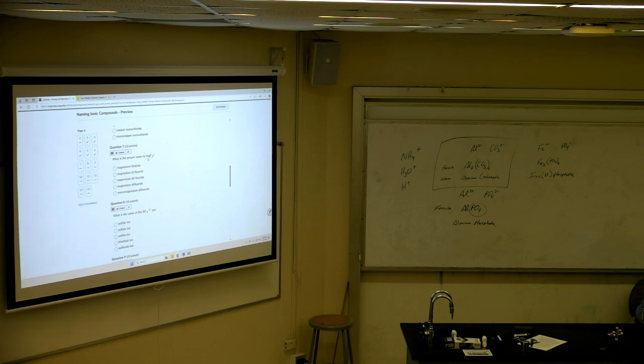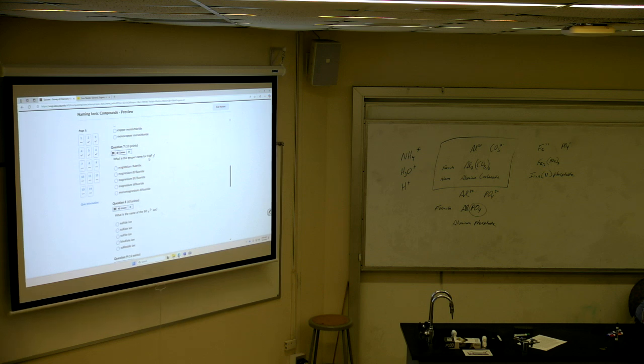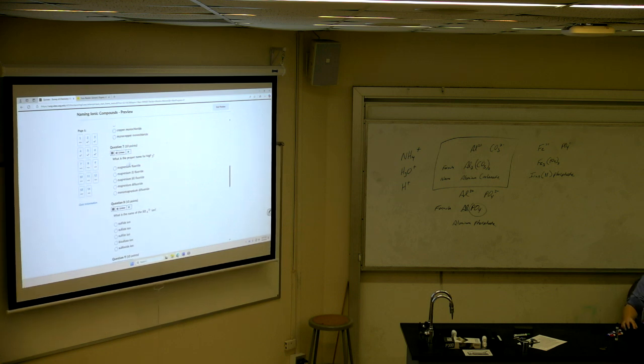Magnesium only ever has +2, so you don't need the parentheses. This is properly just called magnesium fluoride. If I say go get some magnesium fluoride from the stock room, there's only one compound in the universe that is magnesium fluoride, because magnesium is always 2+ and fluorine is always 1-. So MgF2 will always just be called magnesium fluoride. There's no variation.